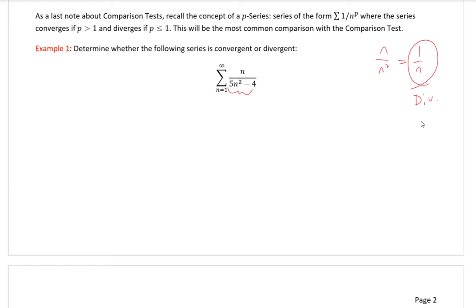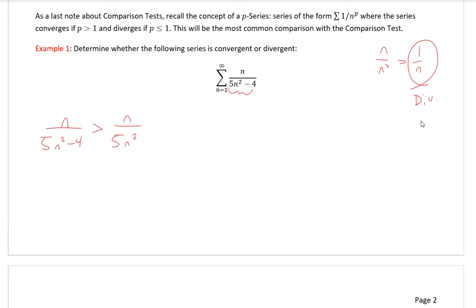So that gives me the hint that I should probably compare this in a divergent way, meaning I'm trying to show that this is greater than something that's divergent. And we'll see if that works out pretty nicely. If we take n over 5n squared minus 4, if we take out that 4, then that means this is going to be greater than n over 5n squared.